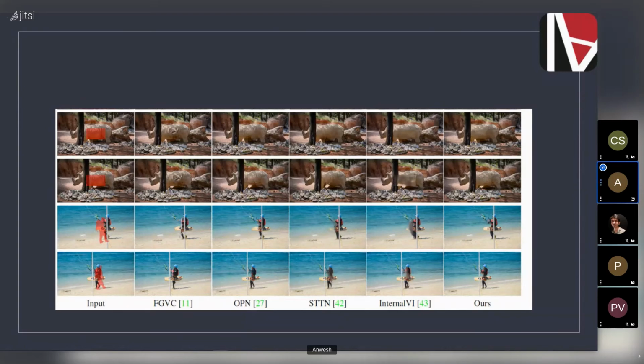As you can see, most methods produce a lot of noise, but the method used in this paper produces a very smooth result. You can see the other three rows as well, especially in the last two rows. You can see that there's a lot of blurring in the FGVC, OP, STTN and InterVI. But in the method suggested in this paper, there are no blur signs.